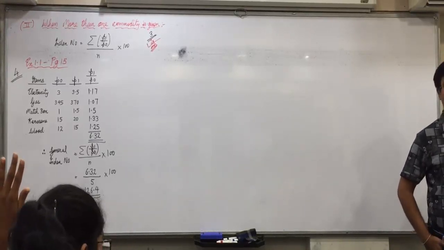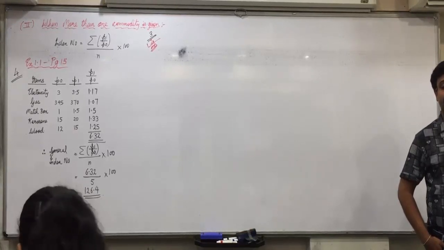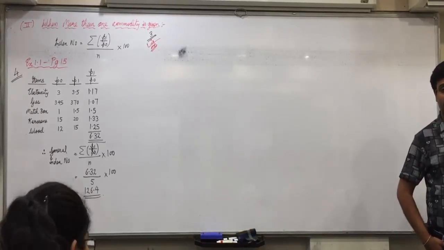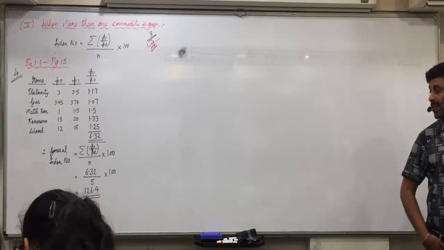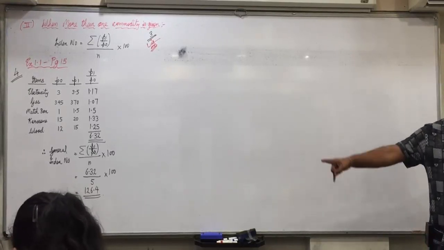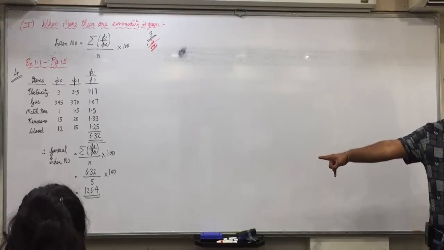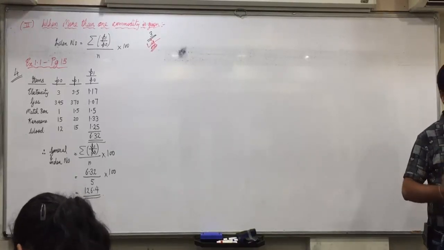It is verified. What is the final index number? 122.4. And is it mentioned in the question, state the overall? Did we write the answer in this statement? So here it is not asked, so no need to write that.